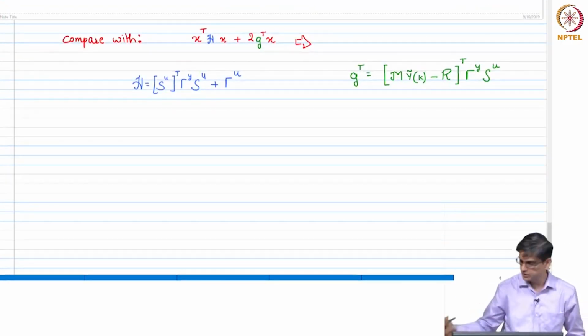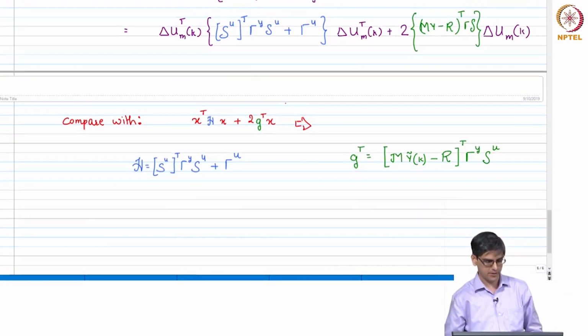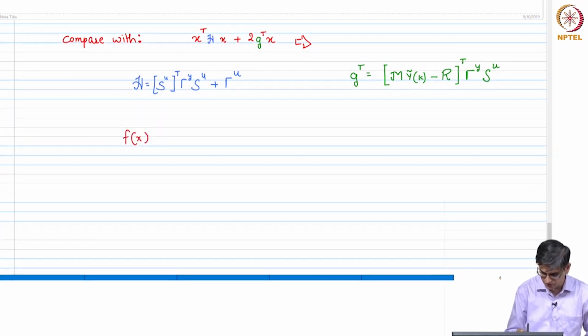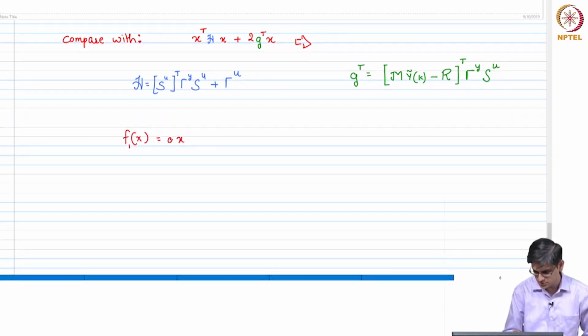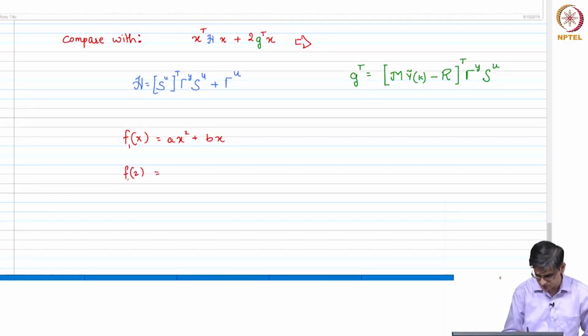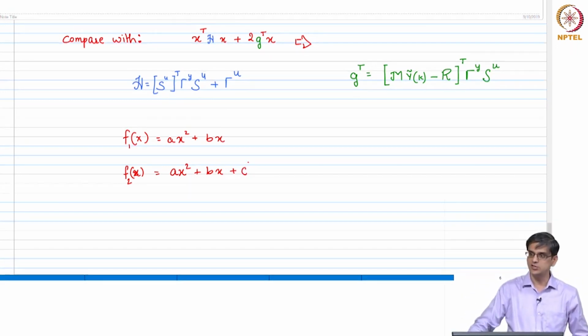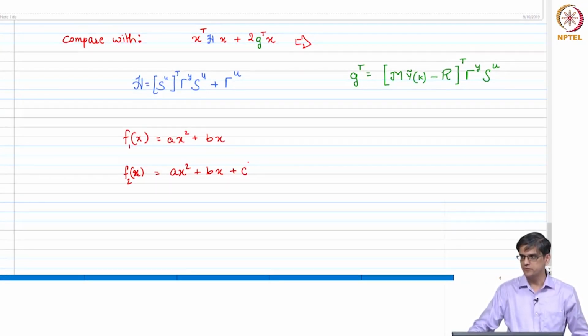The question is, why have we ignored the term without delta u? If you have a function f1 of x equal to a x squared plus b x, and f2 of x equal to a x squared plus b x plus c, I want you to tell me what is the value of x for which f1 is minimum or f2 is minimum. C does not matter if you are only interested in the value of x.